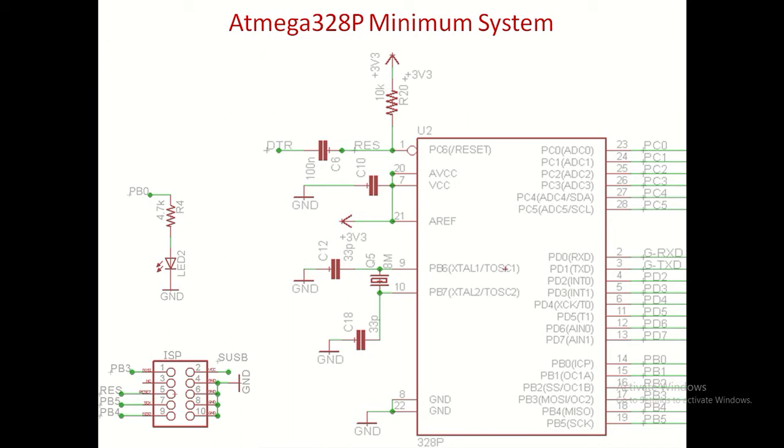For the supply, you can choose either 3.3 volts or 5 volts. If you intend to use 3.3 volts, then the microcontroller clock, which is connected on pin number 9 and 10, should be 8 megahertz. If you are using this CPU on 5 volts, then this clock is 16 megahertz.